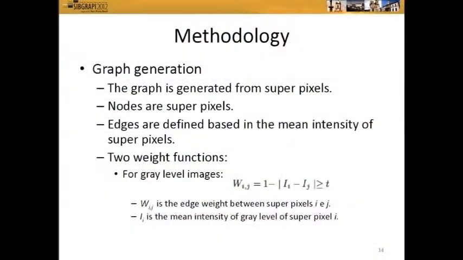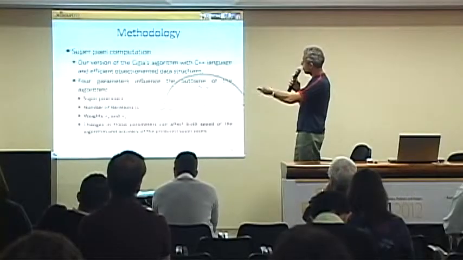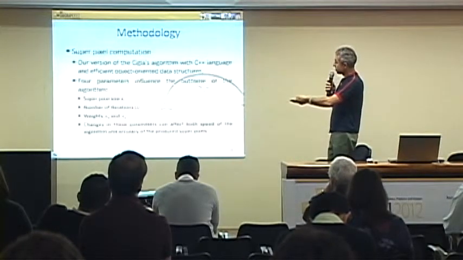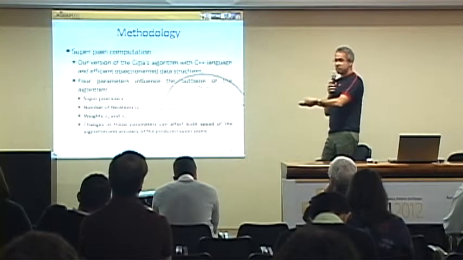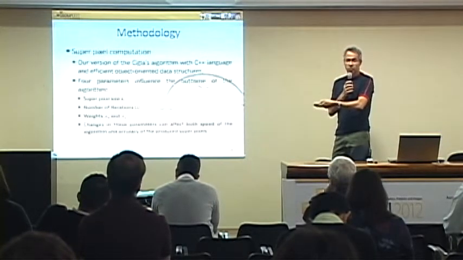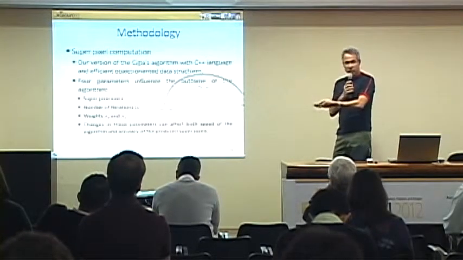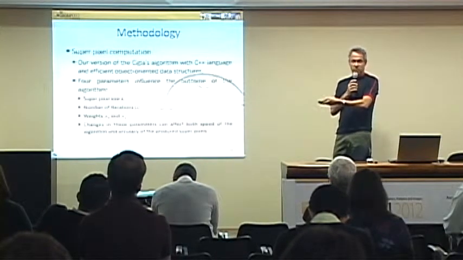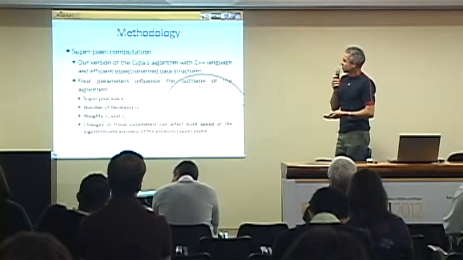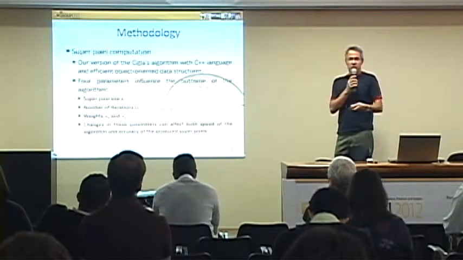Fine. And some things here I already talked about, which are the superpixel computation. I would like to bring your attention to the parameters that have to be set up in order to run these experiments. This is one of the major questions always in image segmentation: how parameter-free is your method?